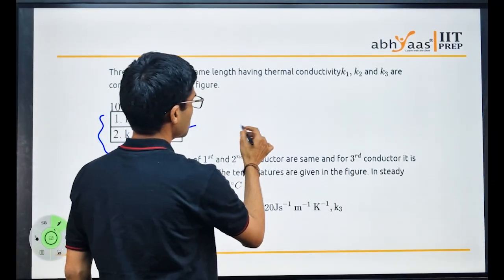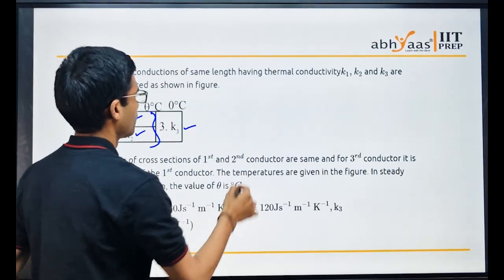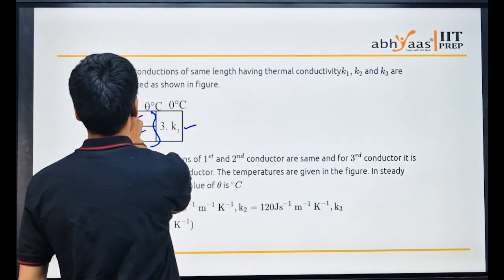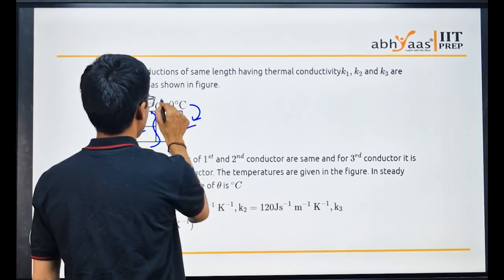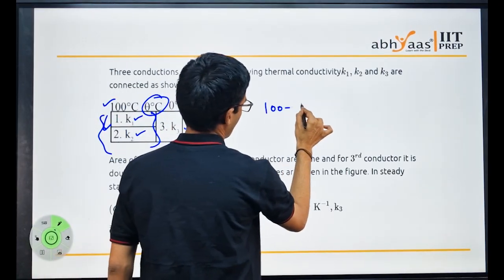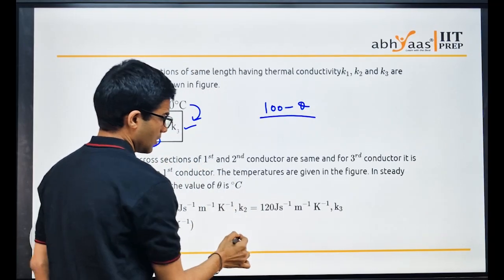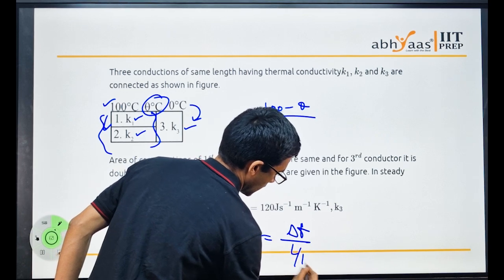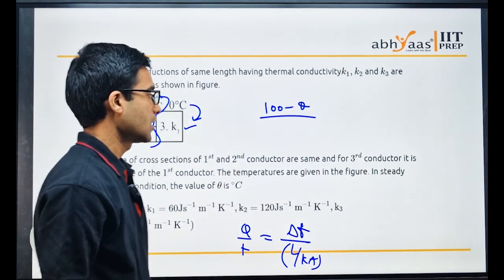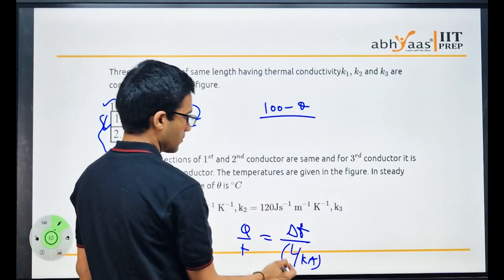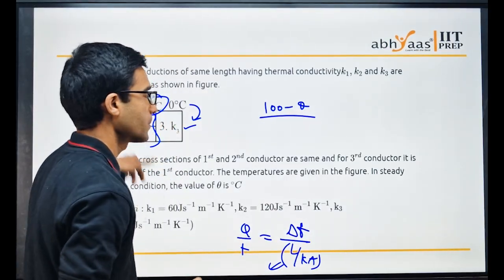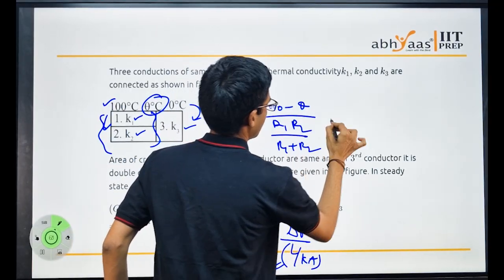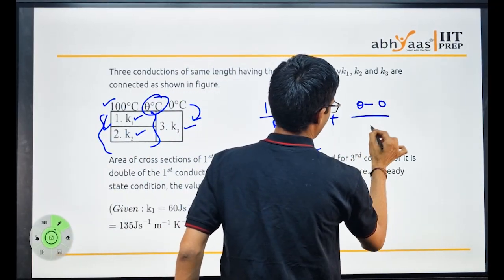For the total heat transfer rate, 100 is on this side, 0 on this side, and theta you need to calculate. 100 minus theta, you know that Q by t is equal to delta T, the temperature difference, by L by KA, which is the equivalent resistance. So instead of this, you need to take the parallel combination, that is R1 R2 by R1 plus R2, plus theta minus 0 by R3.